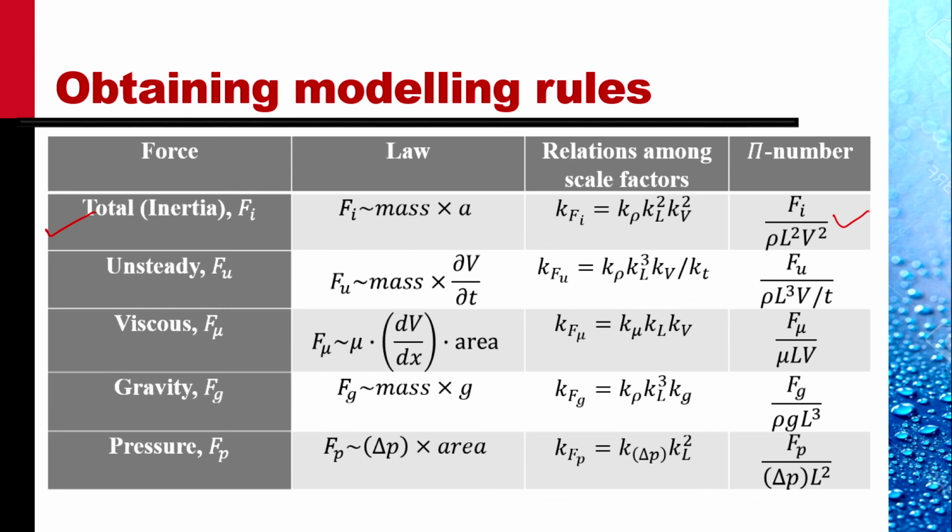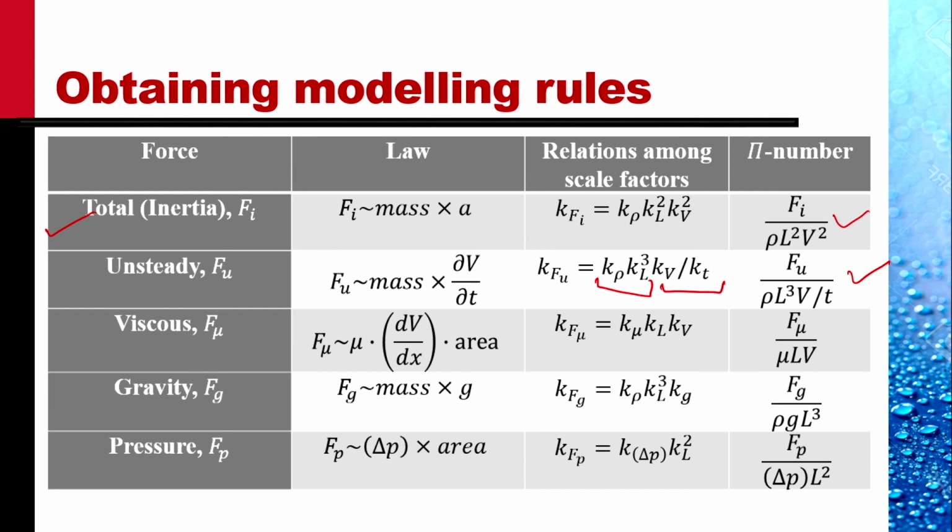The scale factor for unsteady forces is obtained from the law that unsteady force is mass times the unsteady acceleration, del V by del T. For mass, we use K rho into KL cubed. Del V by del T is KV by KT. And so the resultant pi number is this.